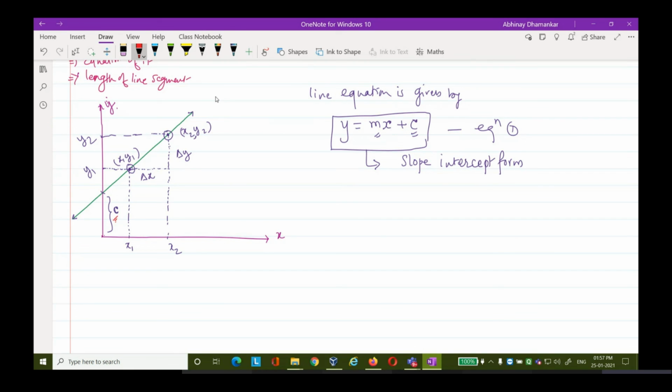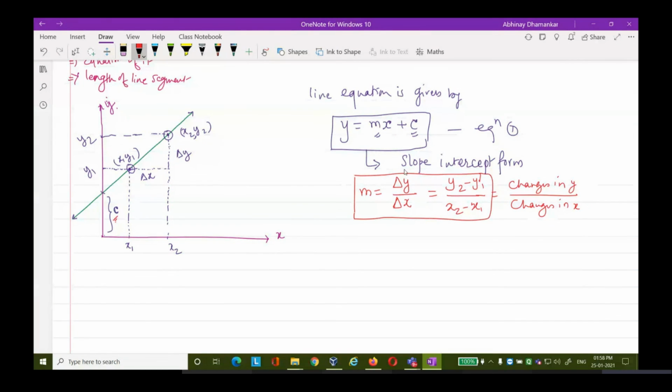What is the formula for slope? m can be found by using delta y by delta x, in other words y2 minus y1 divided by x2 minus x1, that is, changes in y divided by changes in x. This is the well-known formula.